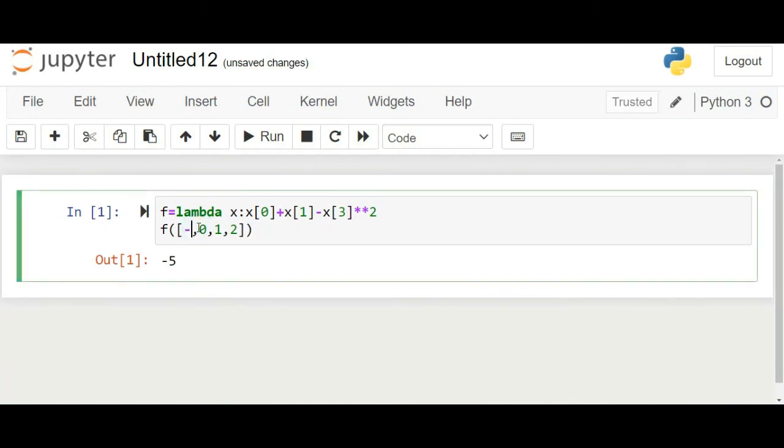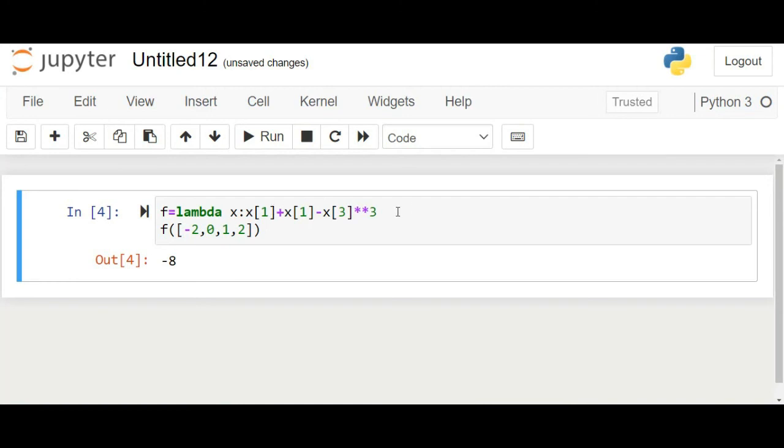By changing the value, just like if I write minus 2, of course the value will be changed. In the similar way, suppose this is x cube, if we change the function, then our value will also change. And suppose if I write over here x1, then this is minus 8.